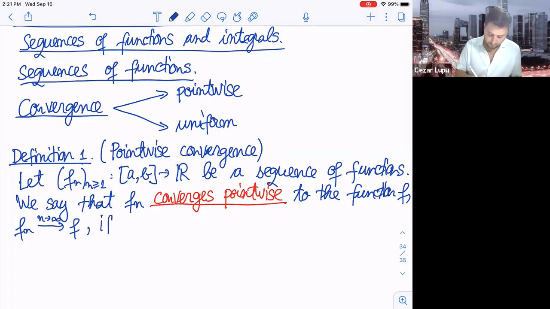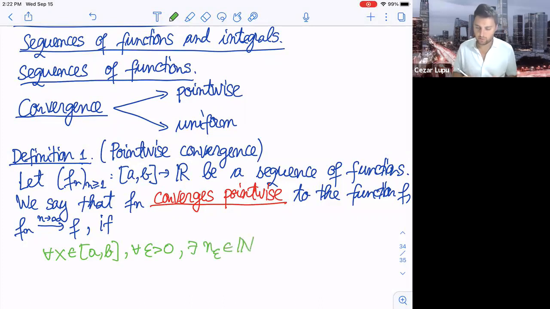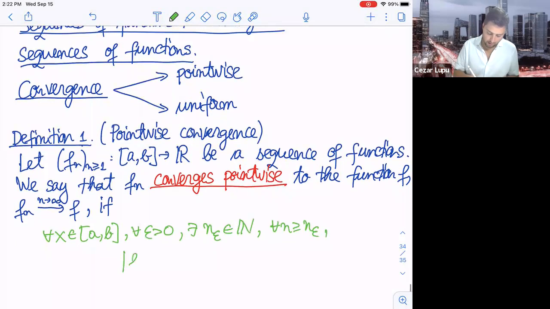If, I'm going to write the definition, if for all x in [a, b], and for all epsilon positive, there exists a rank, let's say, n_epsilon of positive integers, such that for all n greater than n_epsilon, we will have that |f_n(x) - f(x)| is less than epsilon.